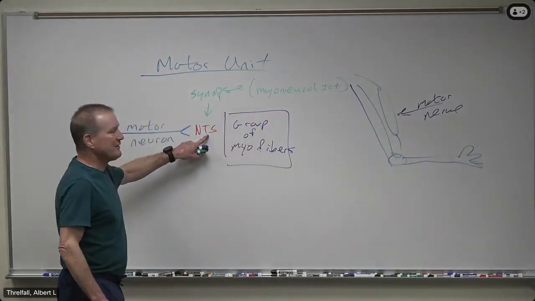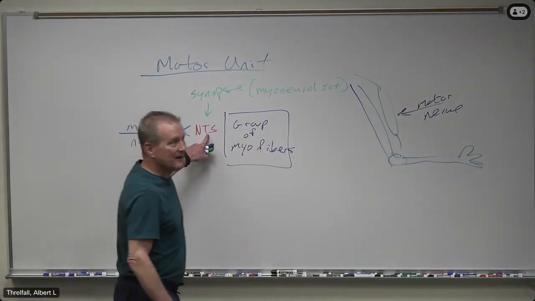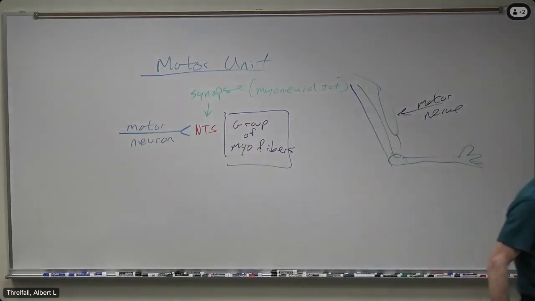Then we're going to have the release of acetylcholine at the myoneural junction. Camera back on the main board.